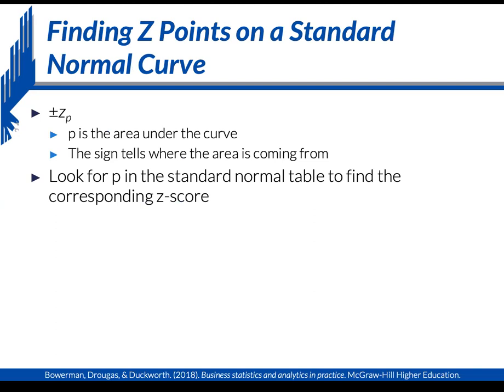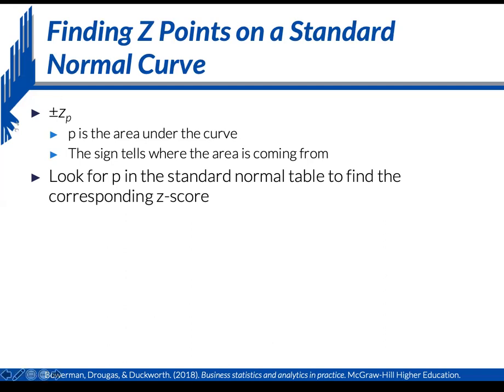So calculators might be able to give you areas to the left or to the right or in between the mean, but it can't do the opposite. So for these kinds of problems where you need to find the z-score, you have to go back to the use of the standard normal table.